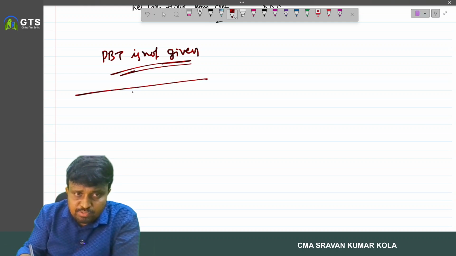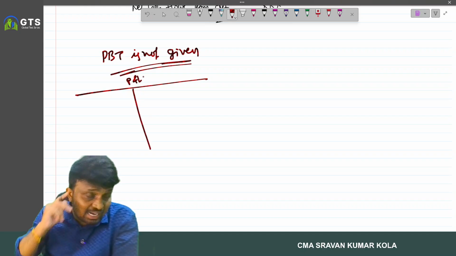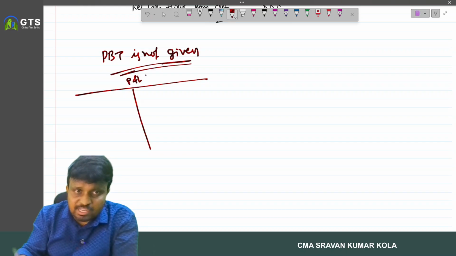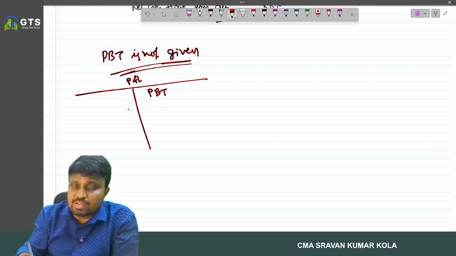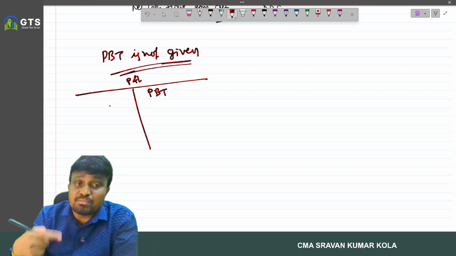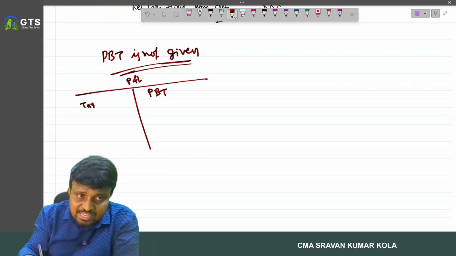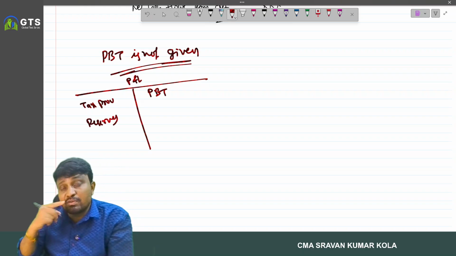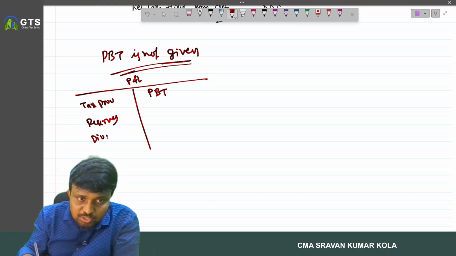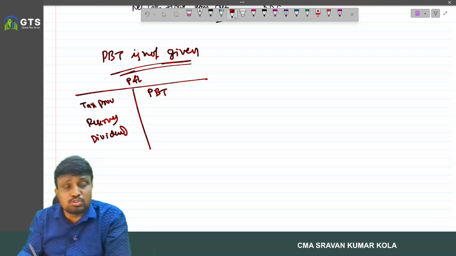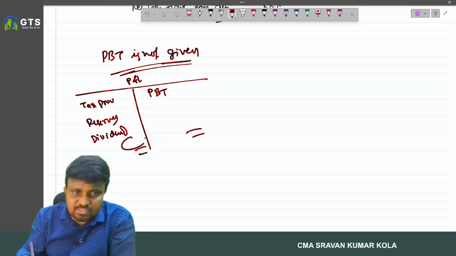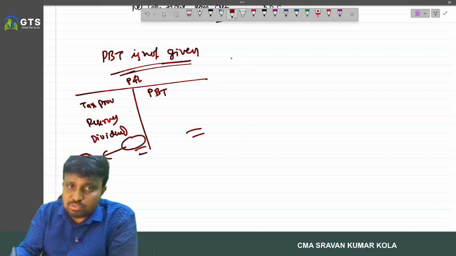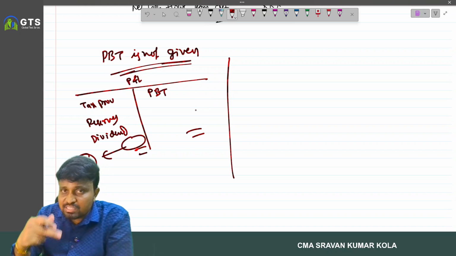First of all, if you have the P&L and extension to the P&L, nothing but profit and loss appropriation. For example, profit before tax is there. What are the appropriations, what are the payments or appropriations we have? First we pay the tax provisions we have. And any amount transferred to reserves, and any amount paid towards dividend. These are general appropriations we have, and the remaining amount is what we have in the balance sheet, which is transferred to the balance sheet. So based on this, profit before tax is calculated in the reverse pattern.